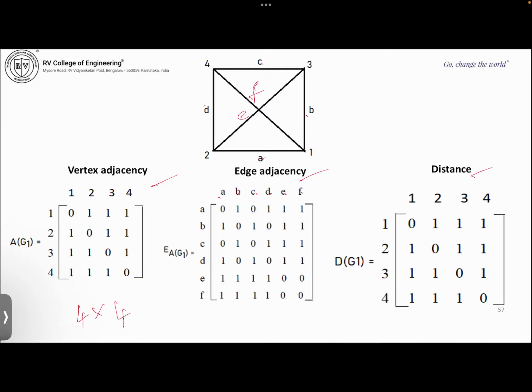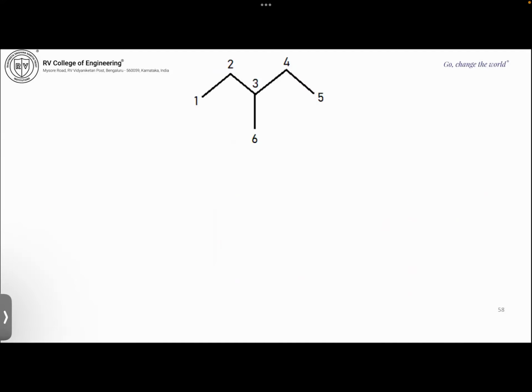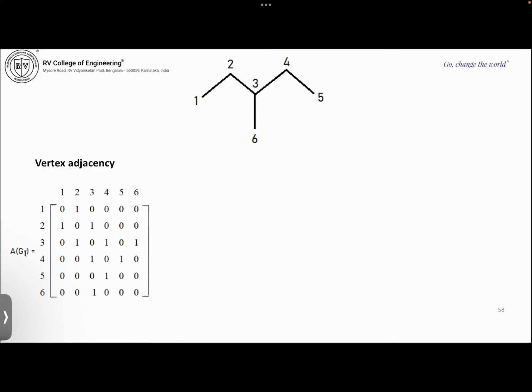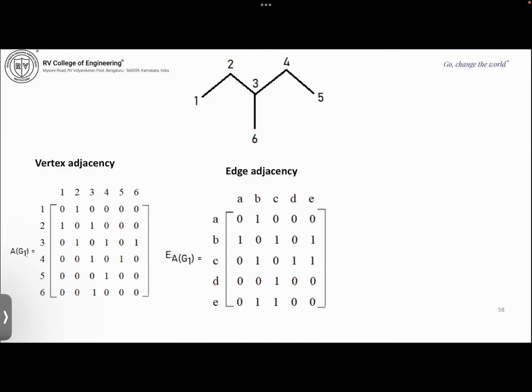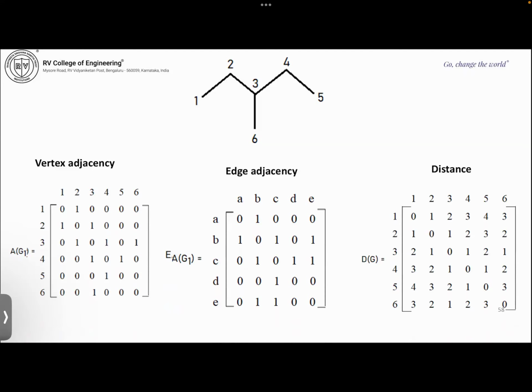Okay, so totally 4 plus 2, 6 cross 6 matrix, and this is 4 cross 4. So this is another molecule for which the vertex adjacency, edge adjacency, and distance matrix are discussed.